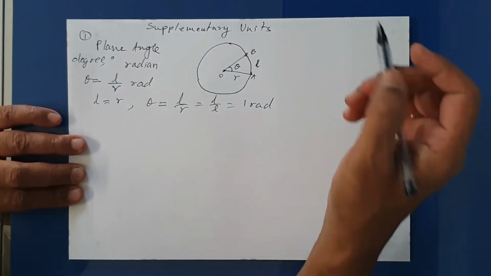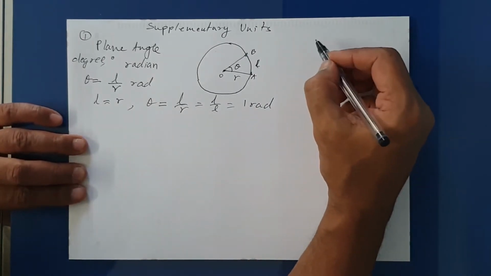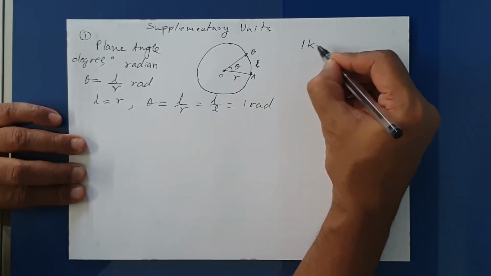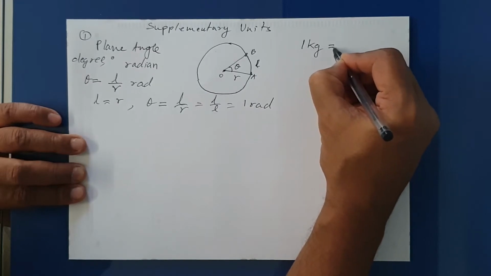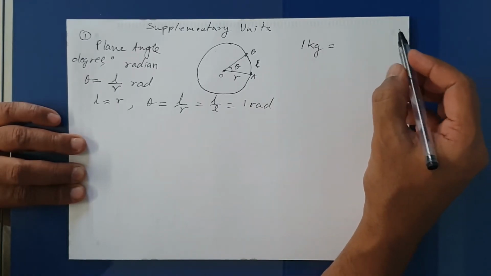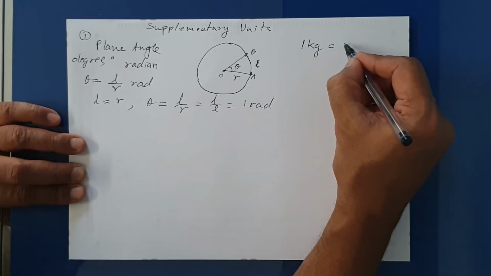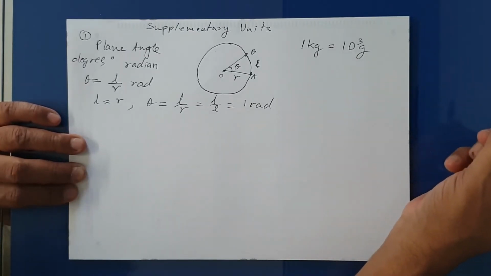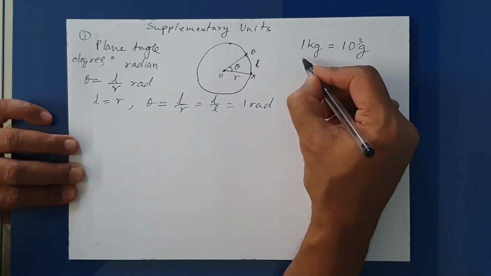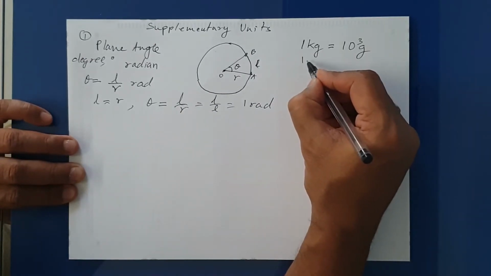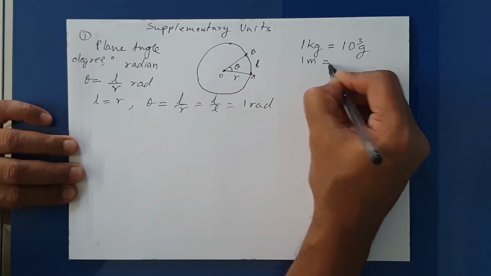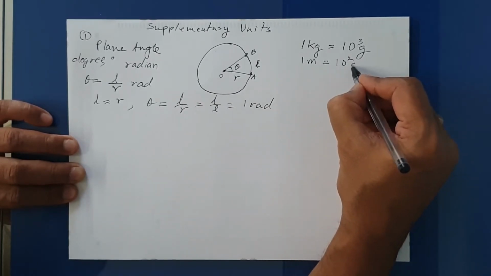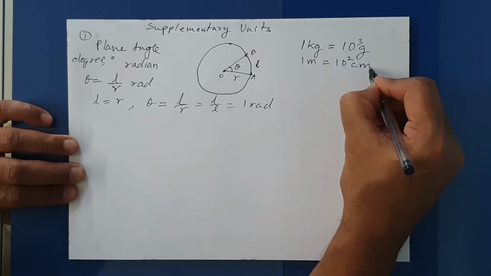Just like we know the SI unit of mass is kilogram, and 1 kilogram is equal to 1000 grams in CGS. Or the SI unit of length is meter, and 1 meter is equal to 100 centimeter.